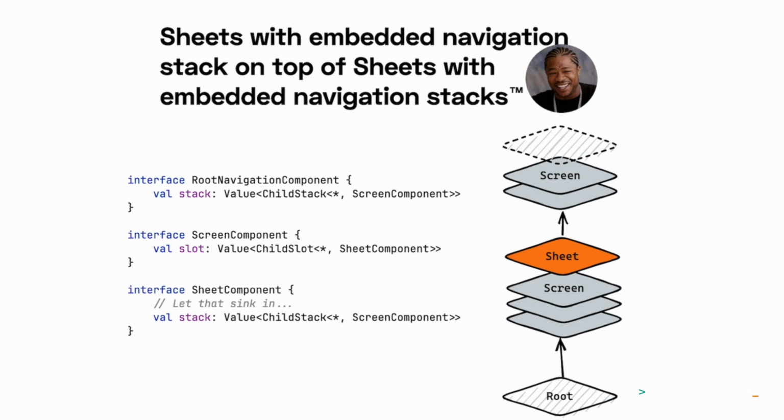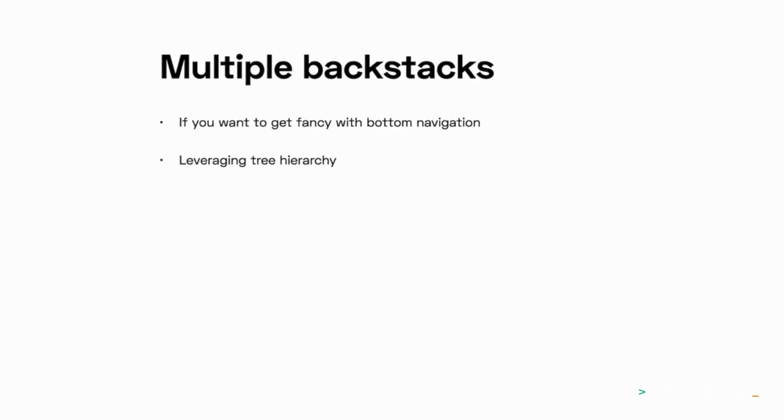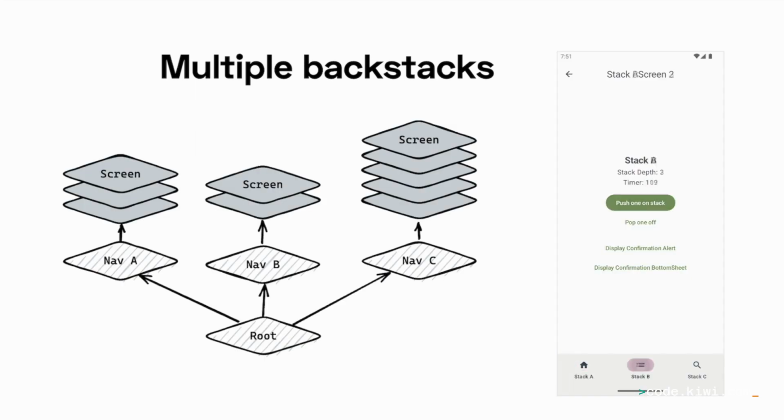All right, to the next one, multiple backstacks. Here, it is really useful if you want to get fancy with the bottom navigation in your app. And you can really leverage Decompose's feature of being able to compose your components into trees. So in this case, we have an app that displays three separate navigation stacks, basically.